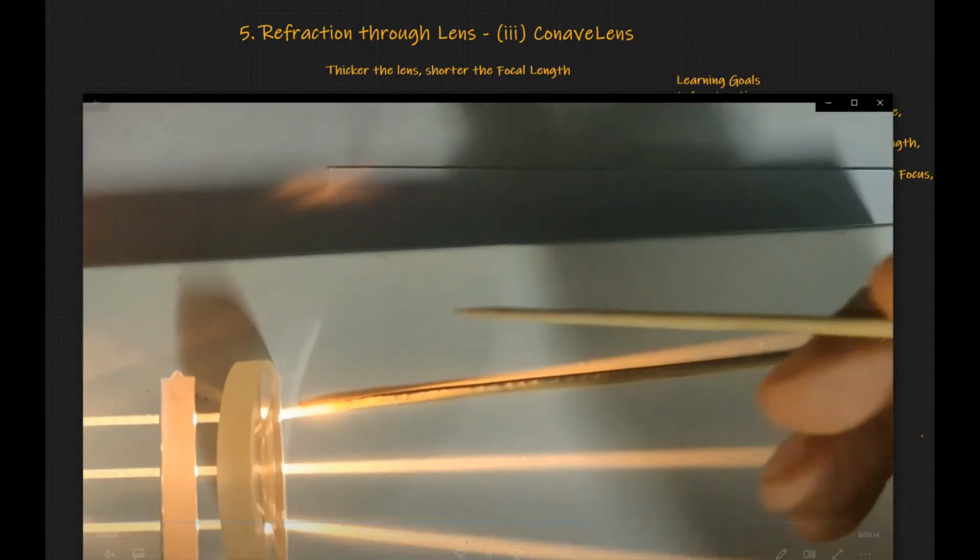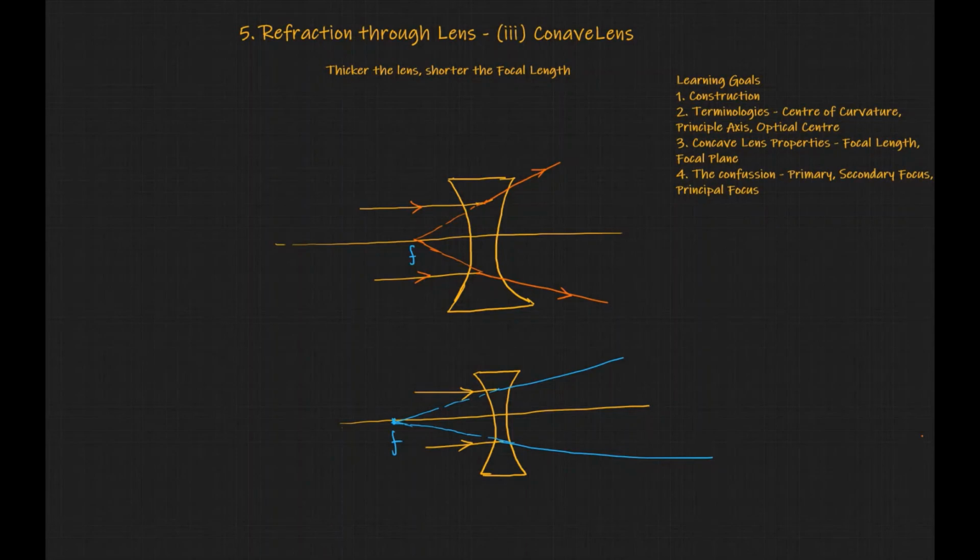So a thicker concave lens results in much more divergent ray than a thinner concave lens. Here is a visualization of the ray diagram for both these cases. So here is the thicker lens, and we can see that in a thicker lens the rays are much more divergent, and the focal length is much smaller.